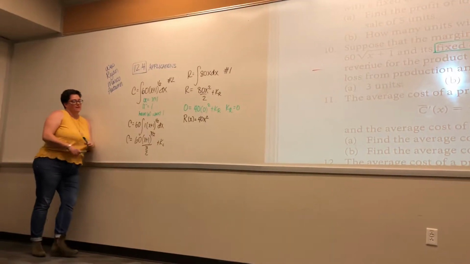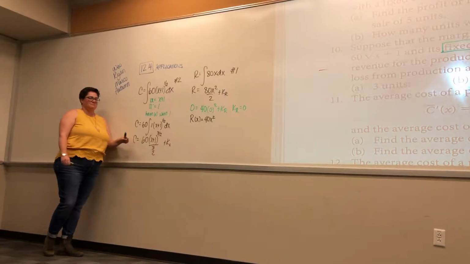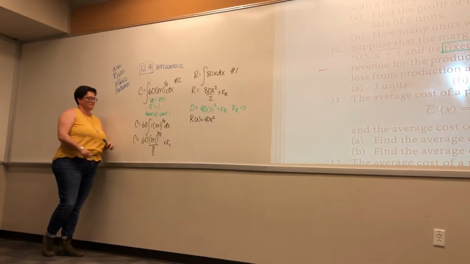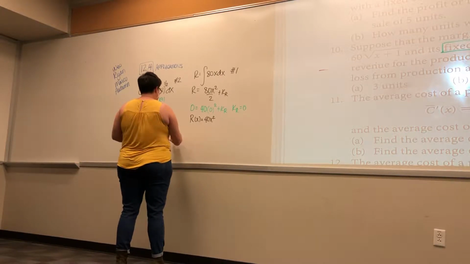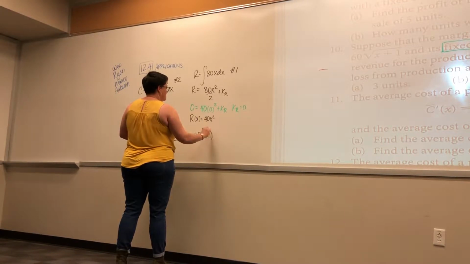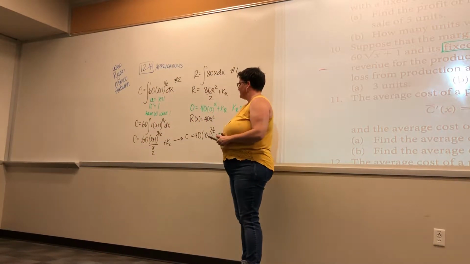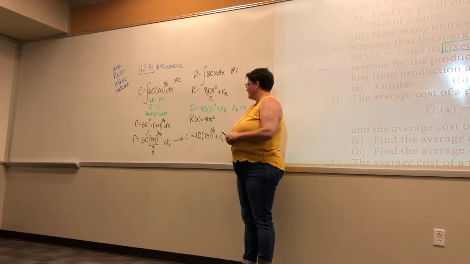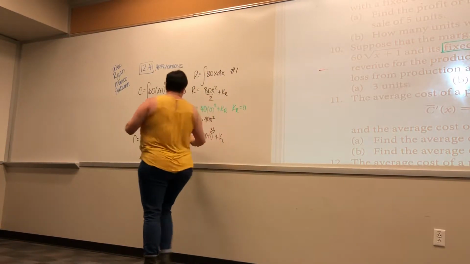So what does this simplify to? 2 comes up, 60 times 2 divided by 3 is 40. So I'm gonna rewrite this as C equals 40 times x plus 1 to the 3 halves plus k sub c. So what do I plug in? 0 for x and what for C? 340.